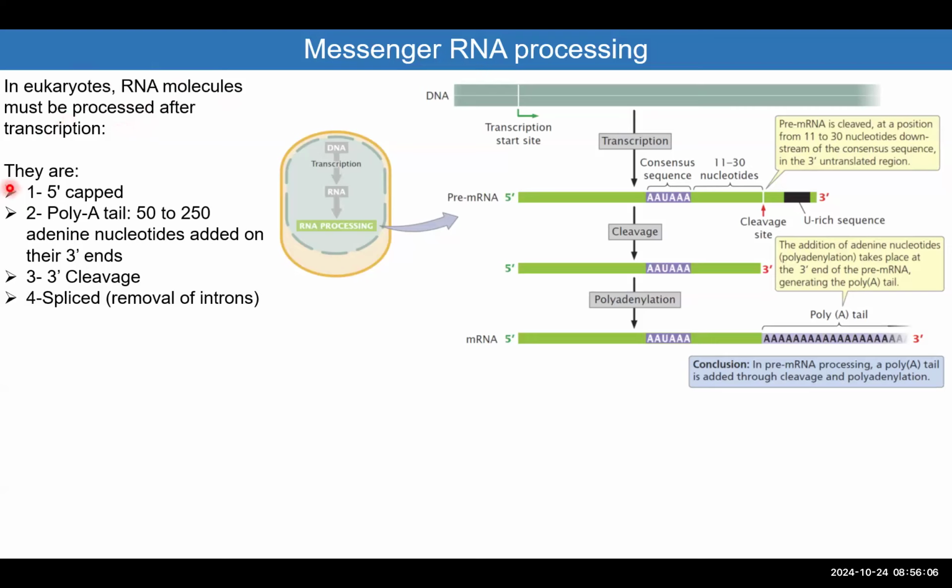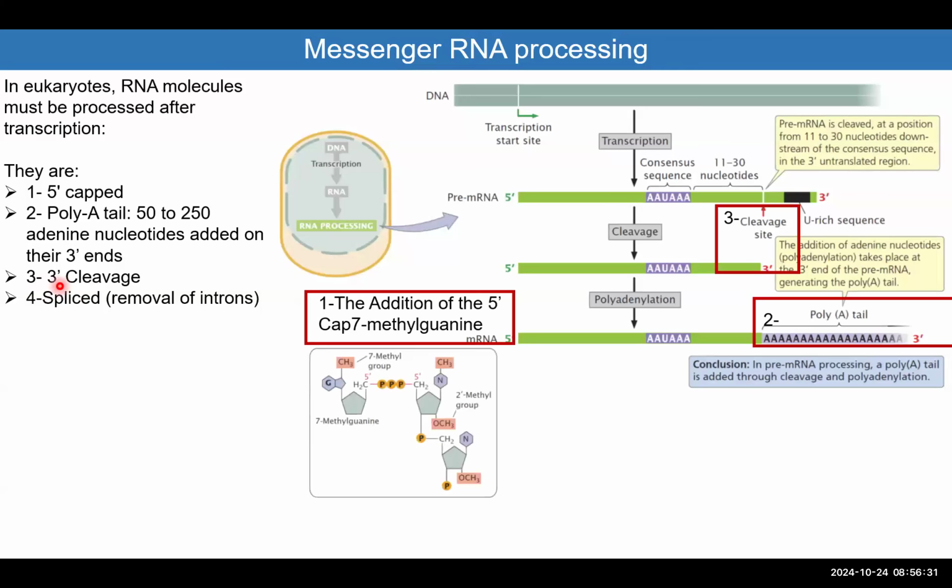This processing includes capping of the 5' end, adding the polyadenine to the 3' end, cleavage of a part of the 3' end, and then splicing. And we visited splicing multiple times, but I will go one more time today.